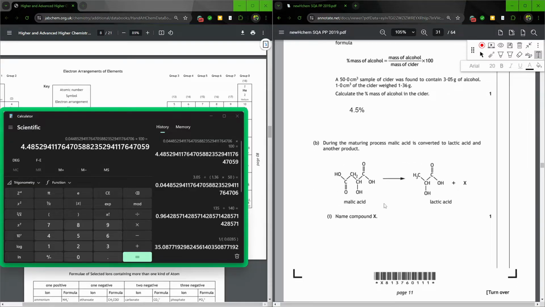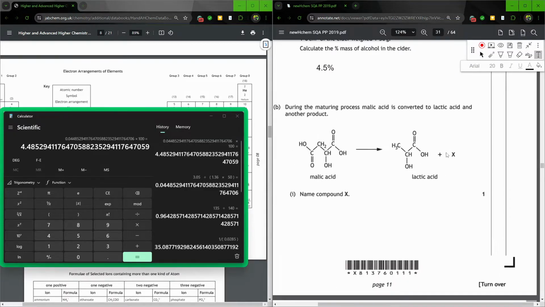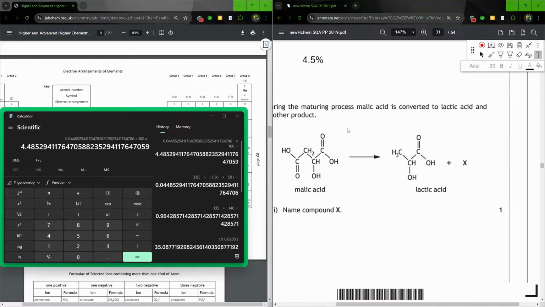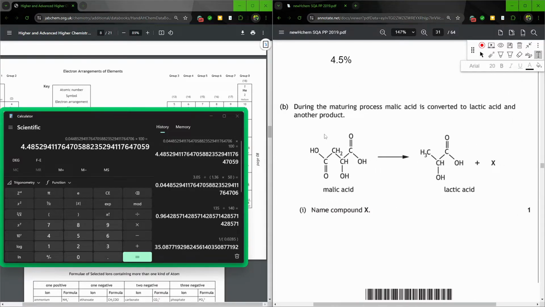There we are. Okay, so during the maturing process, malic acid is converted into lactic acid and another product. Oh, excuse me. It's very hot out here, I'm afraid. But what we want to do here is see what's missing from this compound. So, malic acid converted to lactic acid and another product. We're going to compare these two, see what's the difference.